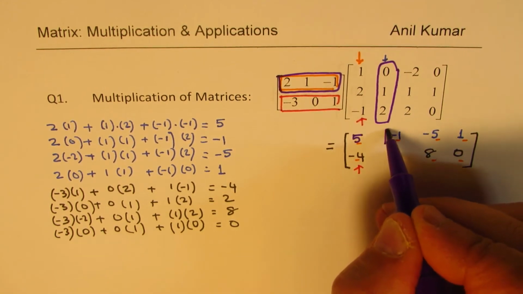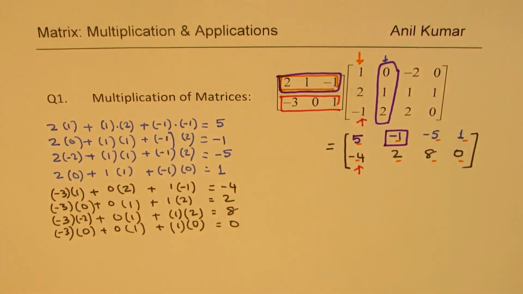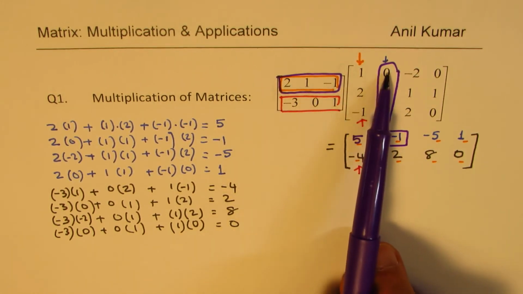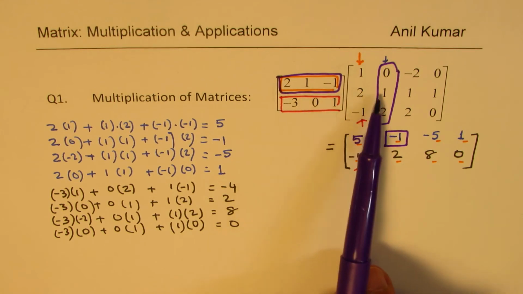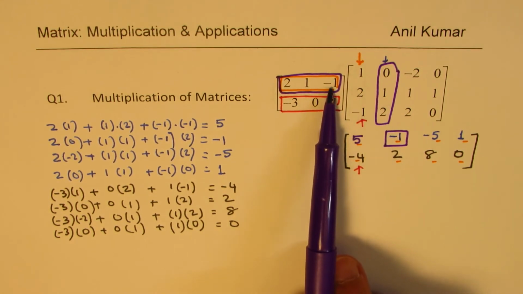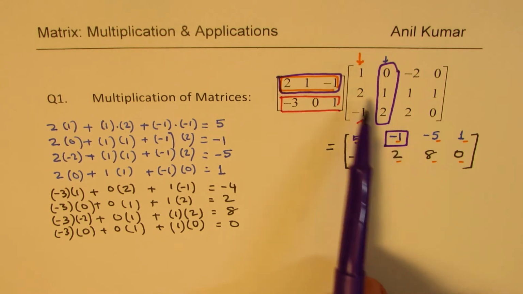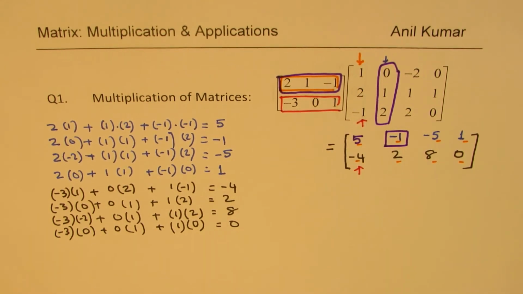I should get my result here. Does it make sense to you? Correct? You could do directly. 2 times 0 is 0. 1 times 1 is 1. And this is minus 2. 1 and minus 2 is minus 1. Is that clear? So that is how you do it. I hope it is absolutely clear. Follow this method and then practice some questions from your book. I think that'd be great.